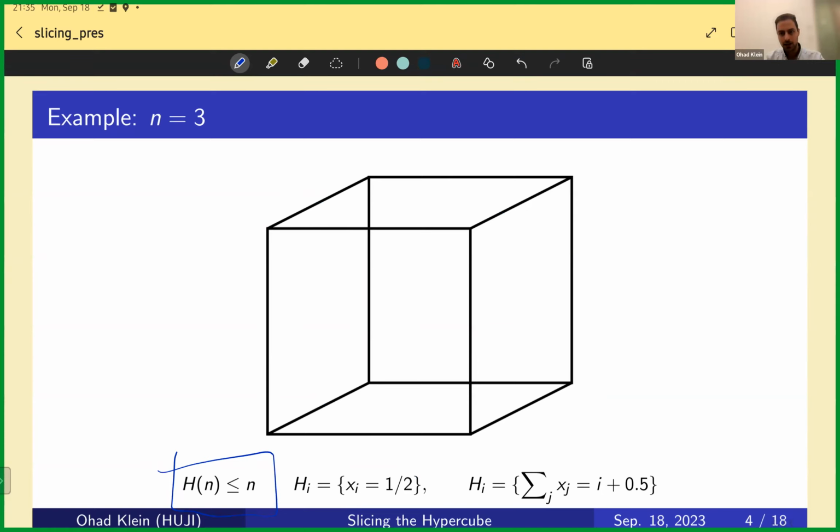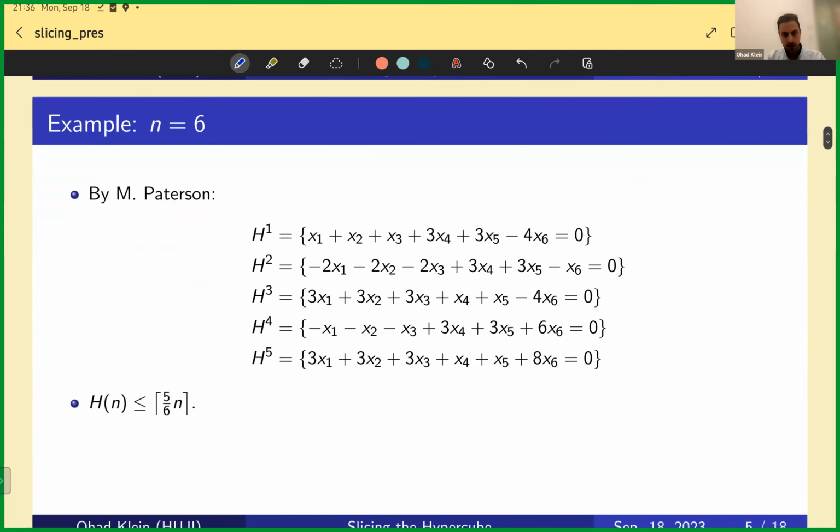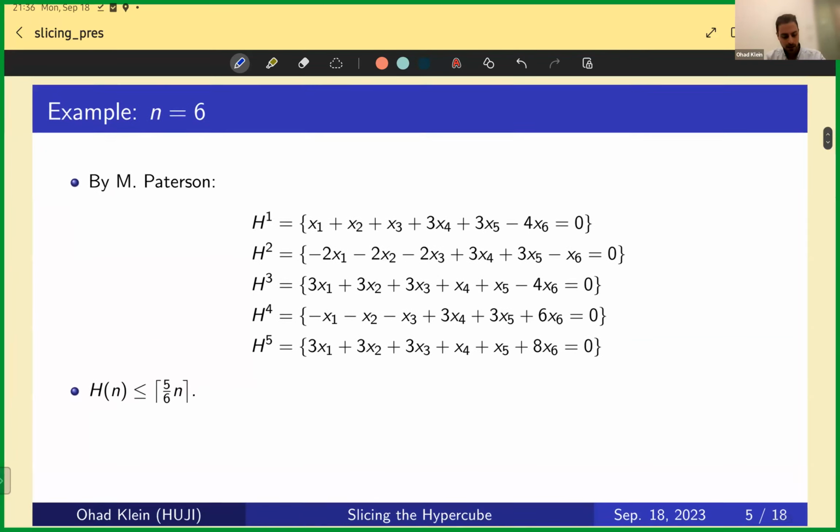And we can ask whether this is optimal, whether h of n equals n. And the answer is no. If we go to n equals 6, then there is an example having 5 hyperplanes.